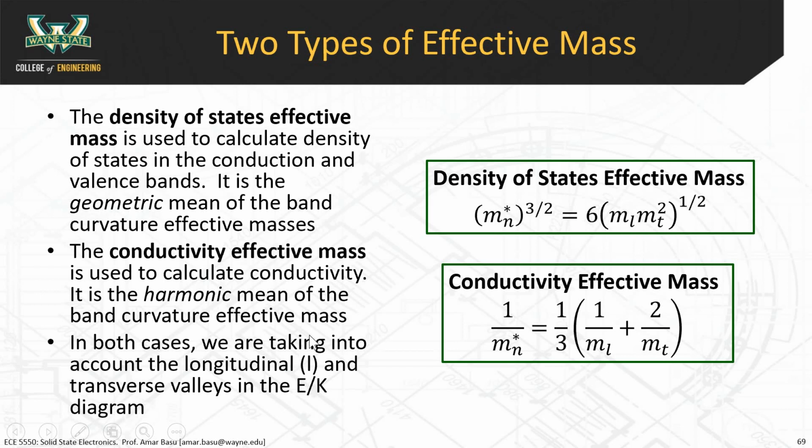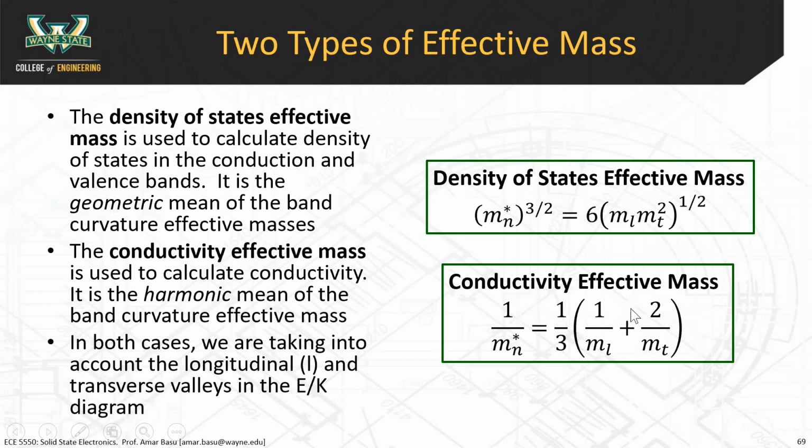Okay. And if you want to find the conductivity effective mass, this is the one that we'll probably actually try more often. For the density of states effective mass, we usually just use a constant. This one is called the harmonic mean, and we would take 1 over the effective mass in the longitudinal direction, plus 2 divided by the transverse effective mass.